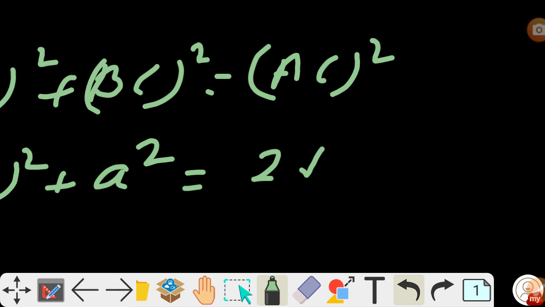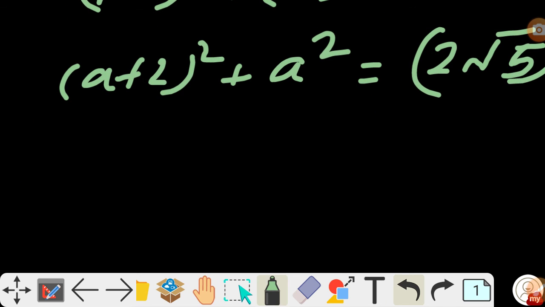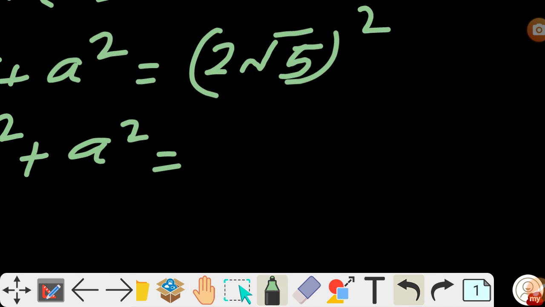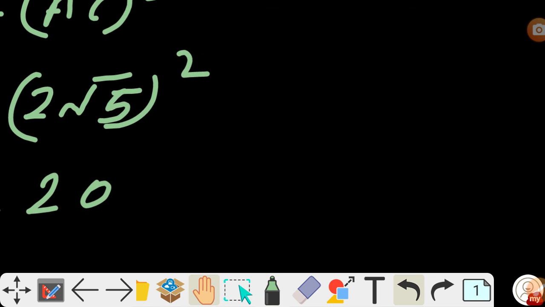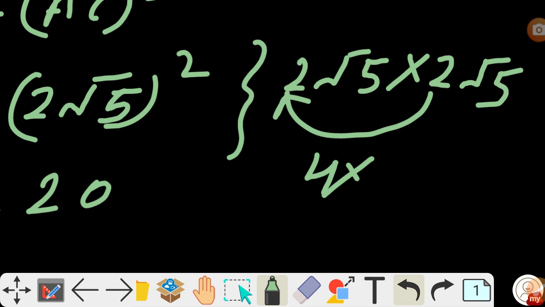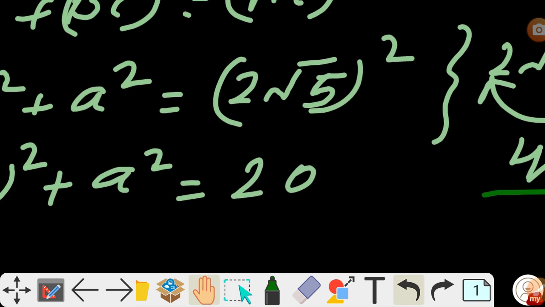So (a plus 2) square plus a square equal to 20, because if you multiply 2 root 5 into 2 root 5, 2 into 2 is 4, and under root 5 into under root 5 gives you 5. It means you get the value 20.